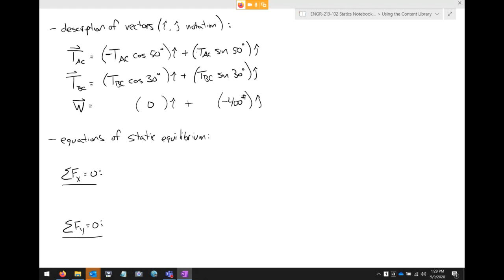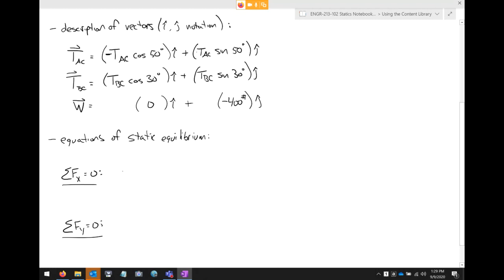We've already got our signs figured out. So the really cool part is, for the sum of forces in the x direction I just add up all the stuff next to the i's, and for the sum of forces in the y direction I just add up all the stuff next to the j's.